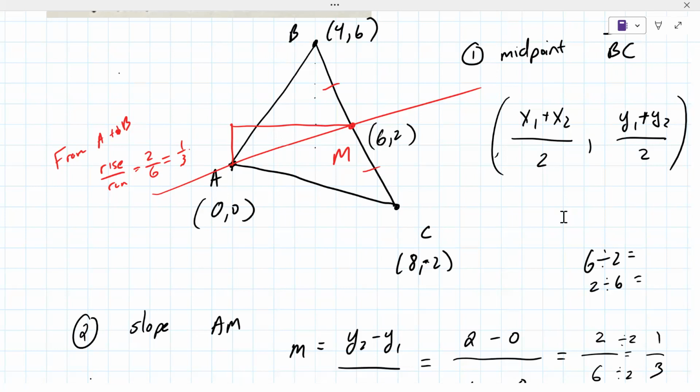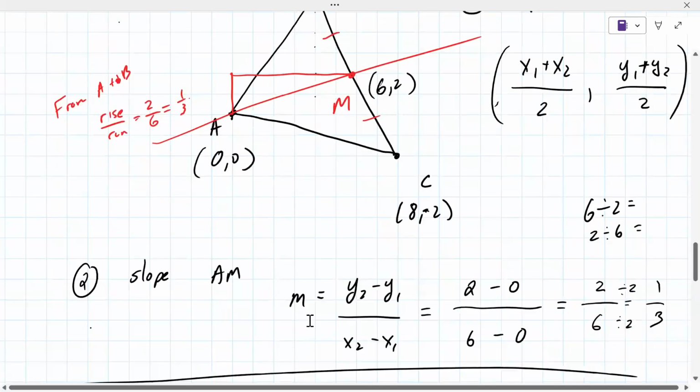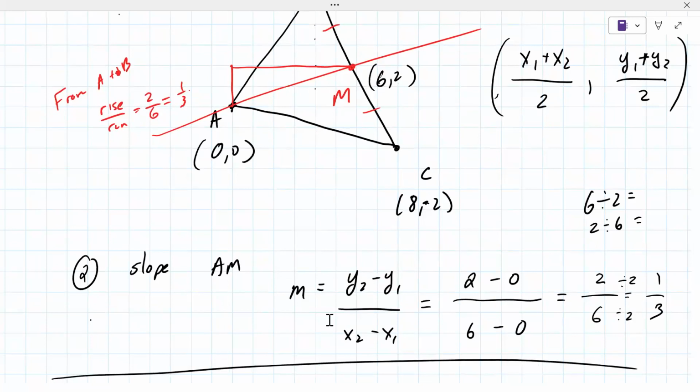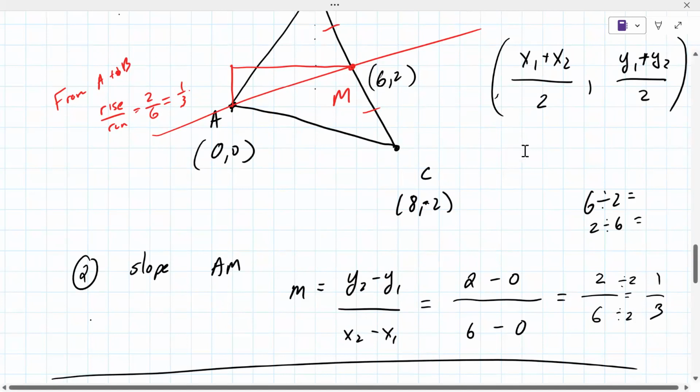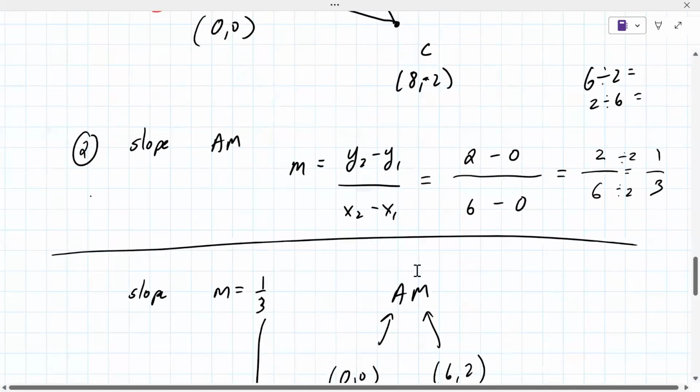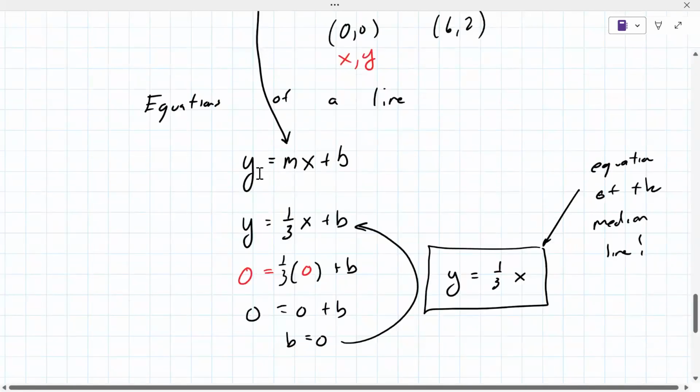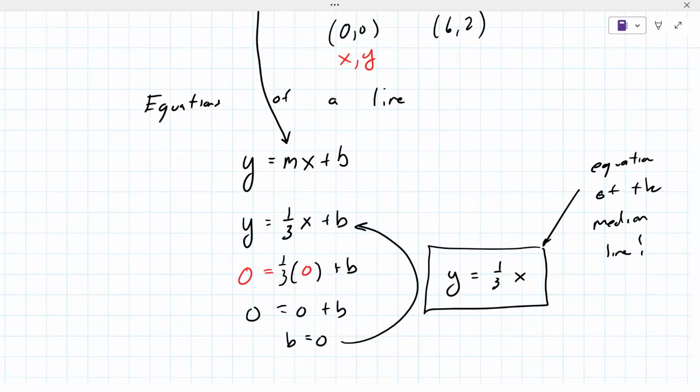I have that one written down. Let's get the slope formula down. That's the next biggie. And then the last one is this y equals mx plus b. Make sure you've got that written down.